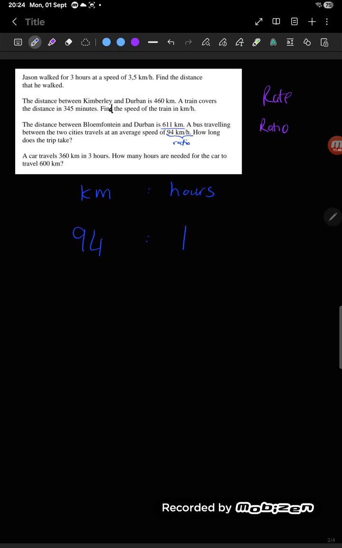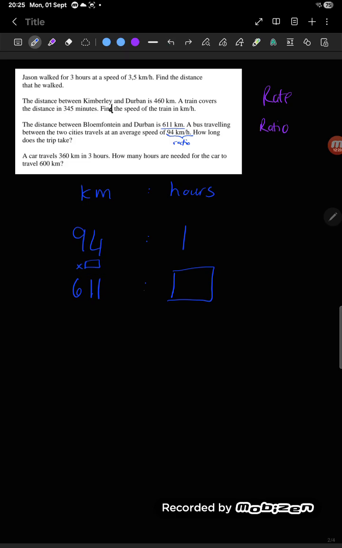Now, how long does the trip take? Well, if I do 94 kilometers to 1 hour, what have I got here? I've got distance, which is 611 kilometers, per. The real question is, what did I divide by or times by? Can you see this is probably times by something, because this is a bigger number. This 611 is larger.